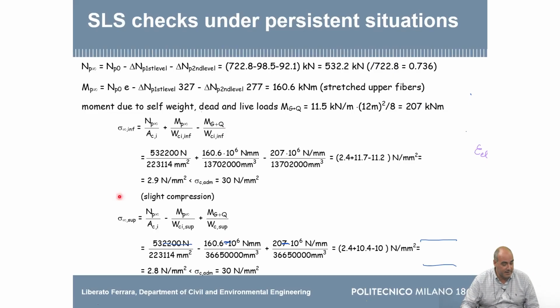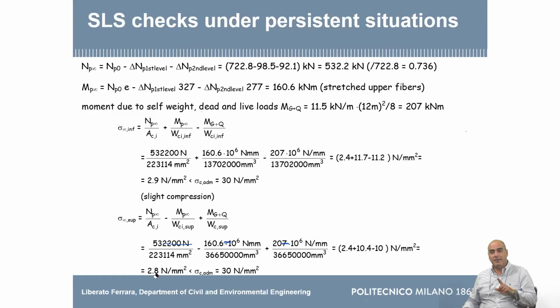And you can see here that the result is that if you check the stresses, we have a 2.9 at the bottom and a 2.8 at the top. So actually, our structure at mid-span is like it's uniformly compressed.